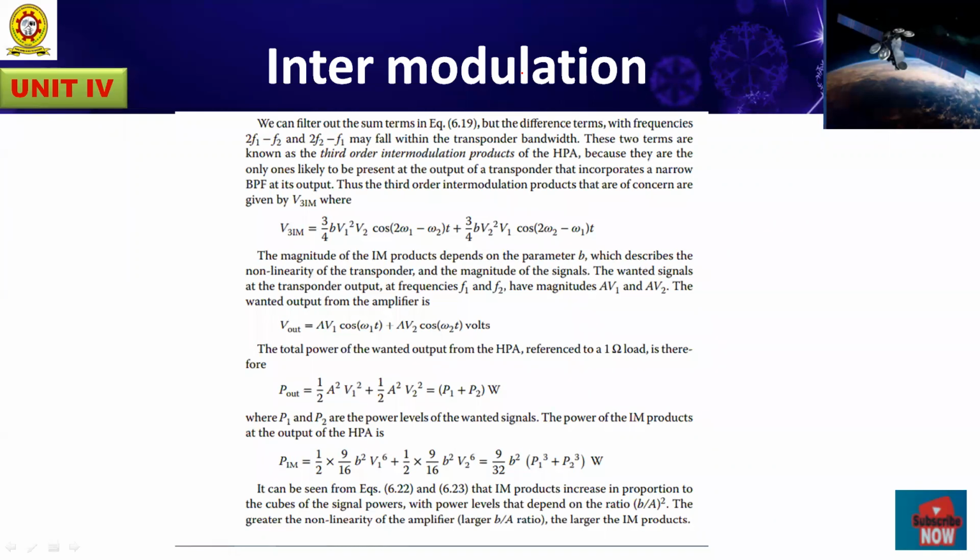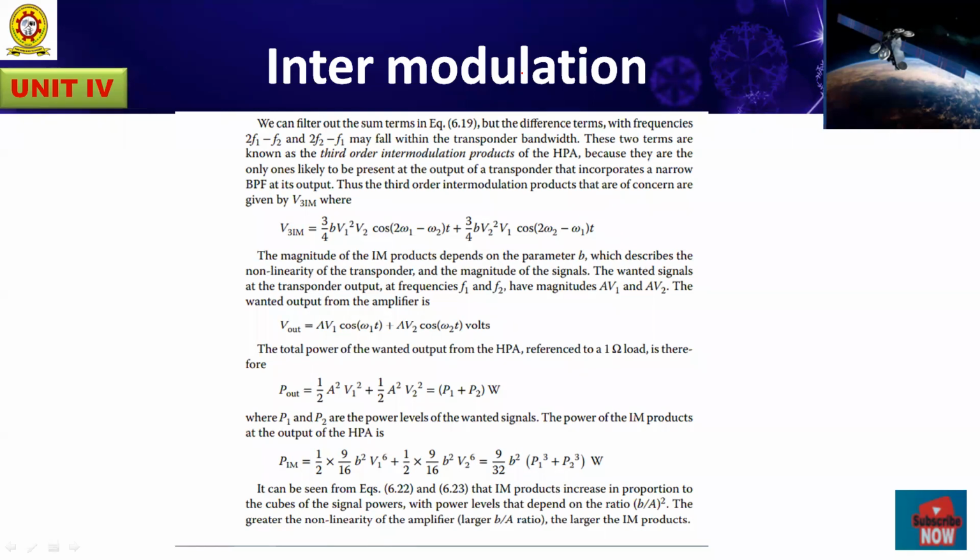So what is the conclusion drawn from this discussion? IM products increase in proportion to the cube power of the signal power, with the power levels depending upon the ratio B by A whole square.